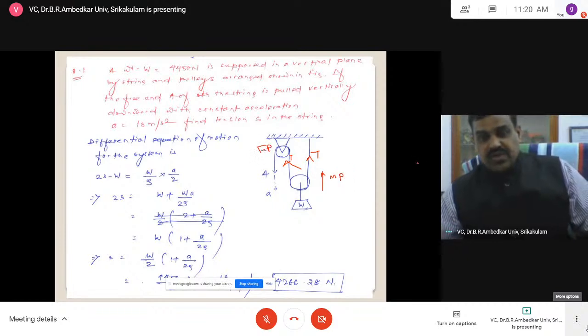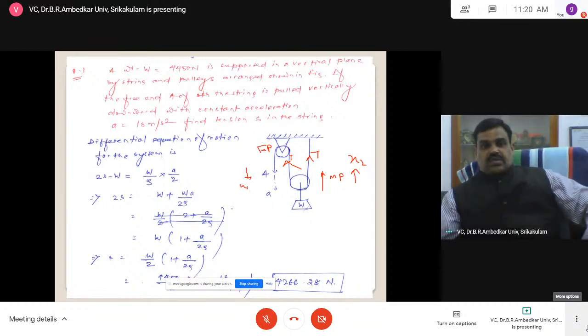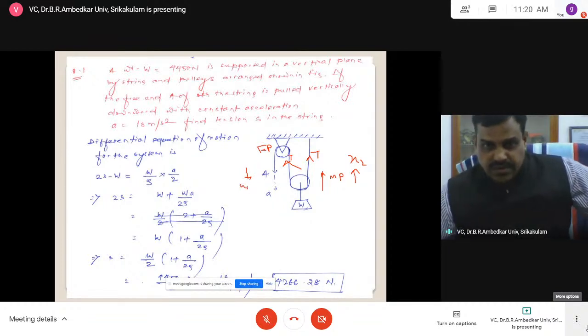So that's why this has x2 as the displacement, and this has x1. Or in other words, this is x2, this is x2, and this is x1. Or in other words, 2x2 plus x1.